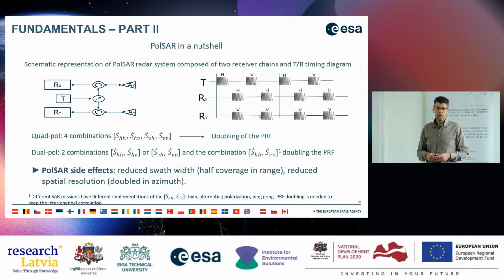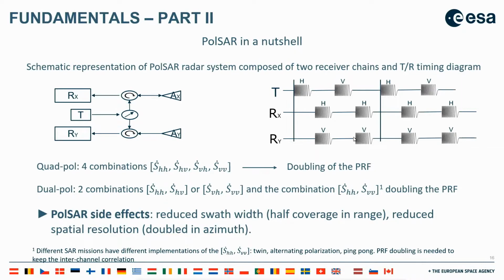Just a little note, POLSAR is the abbreviation for polarimetric SAR. In a nutshell, the radar is composed of 2 receiver channels and 2 antennas, as you see in the diagram here.